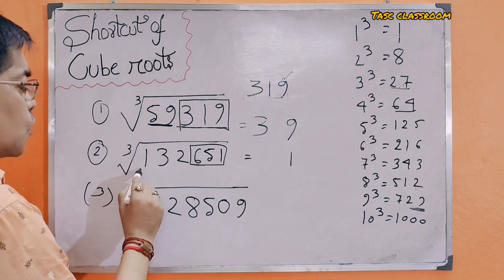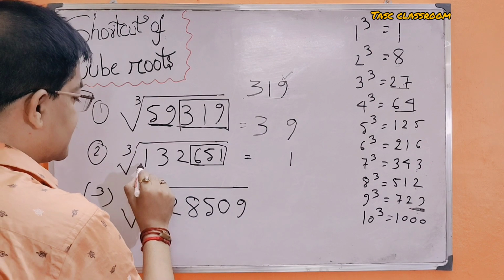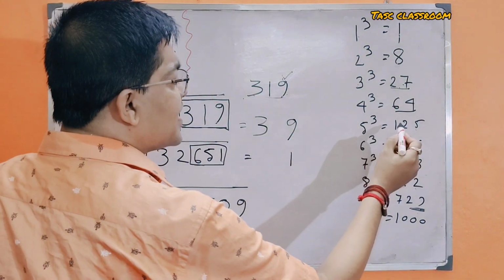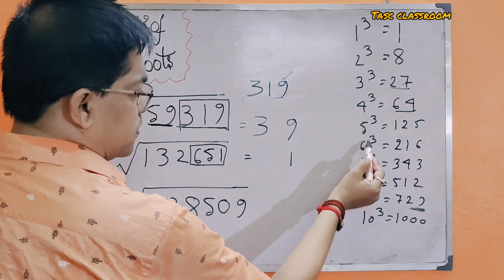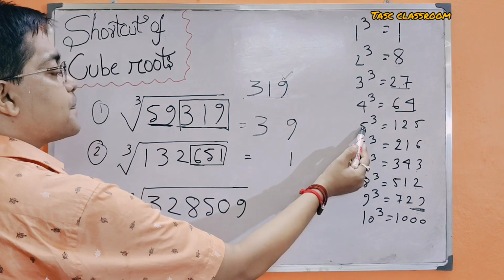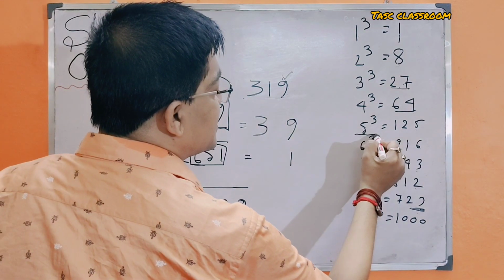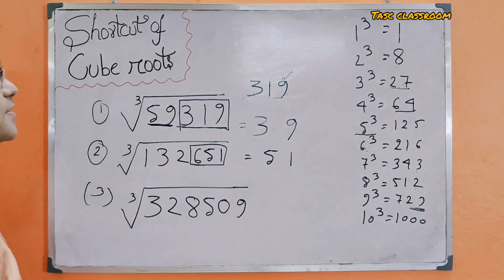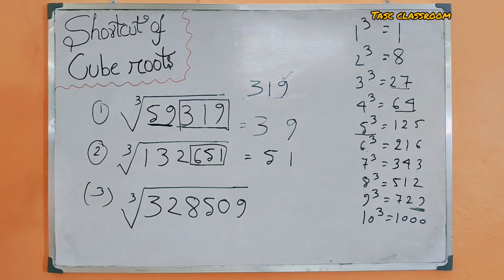Now we consider the remaining digits, 132. The 132 lies between 5 cube and 6 cube. Which is least? 5 cube is least. Then we write 5. Then the cube root of this number is 51.